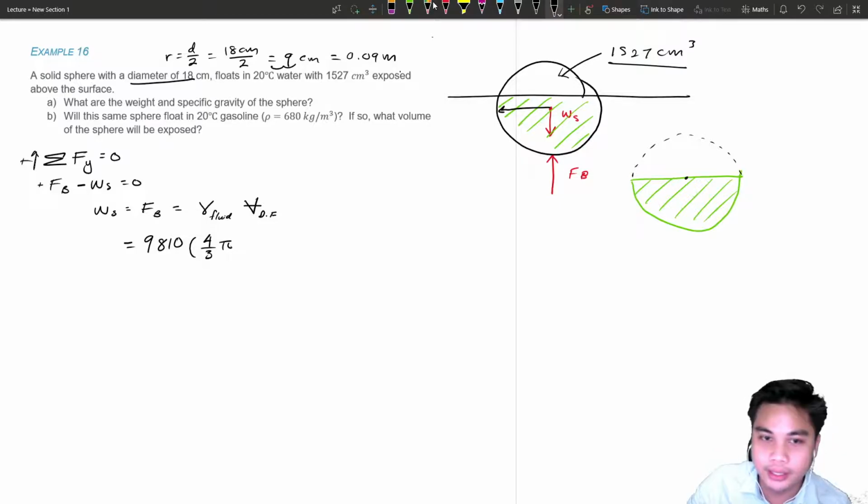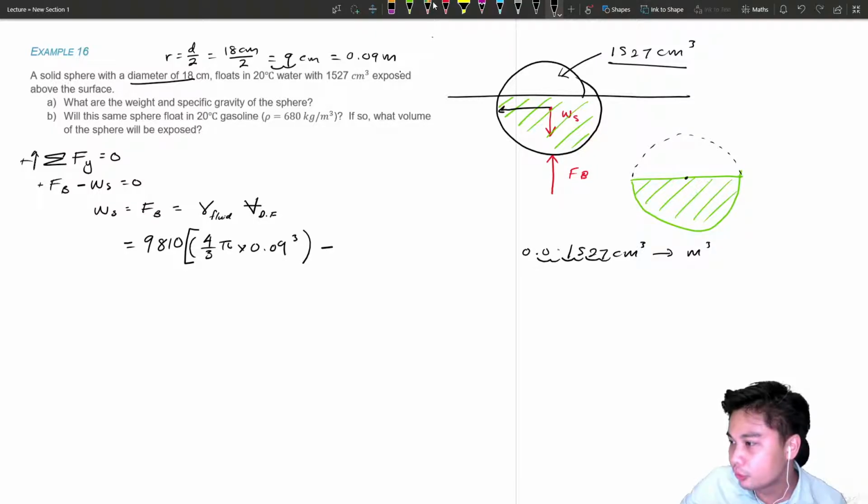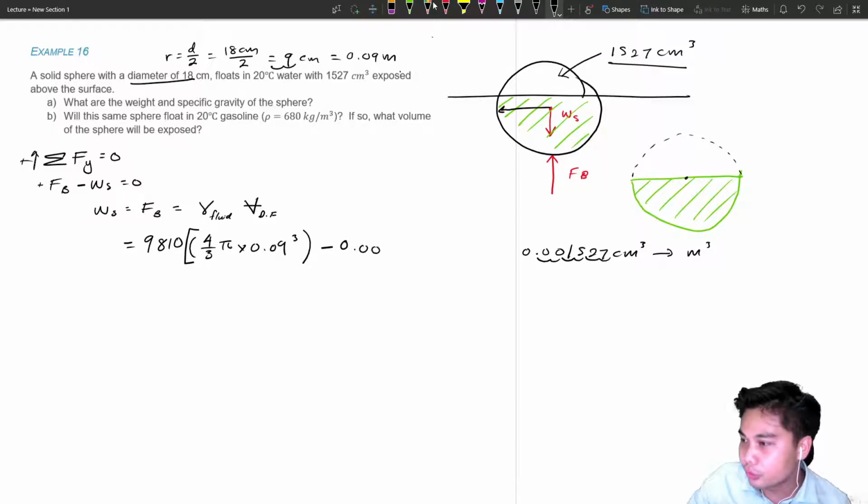Once you get the radius, substitute into this equation: 4/3 pi times 0.09 cubed. Then minus, in the whole bracket, the exposed volume of 1527 cubic centimeters, converted into SI units. To convert cubic centimeters into cubic meters, you divide by 10 to the power of 6, so that is 0.001527.